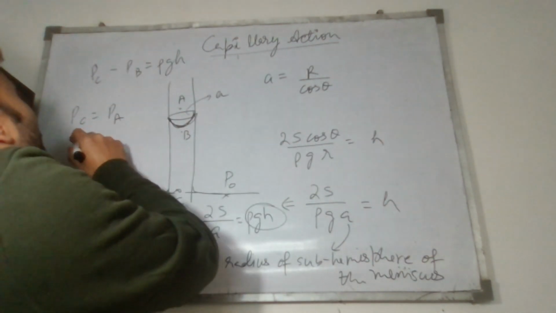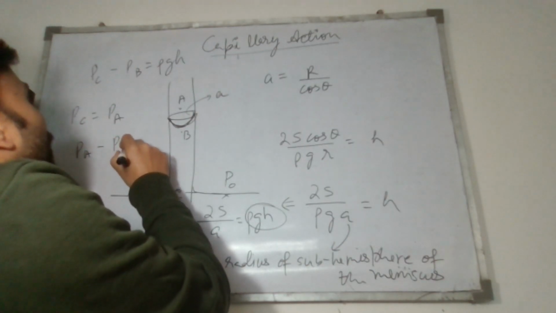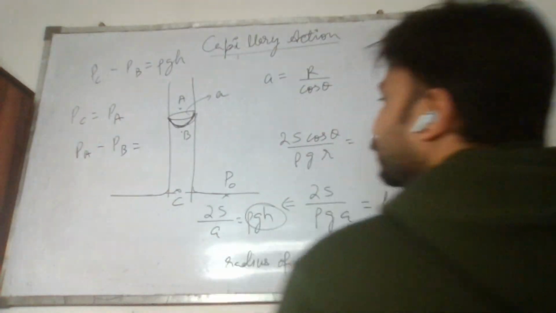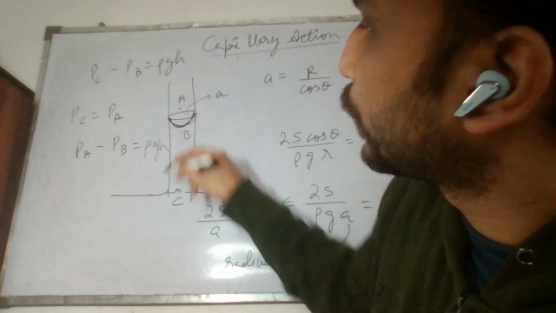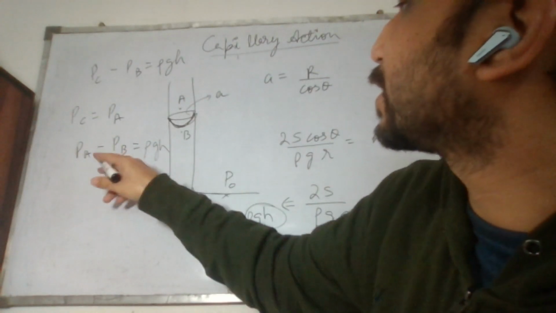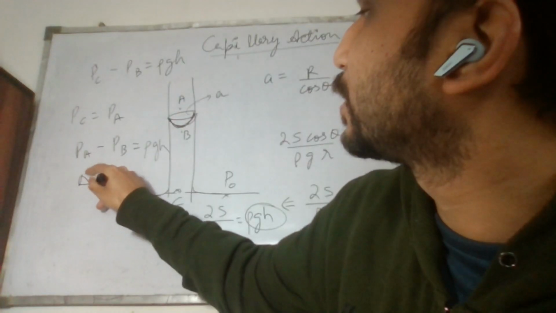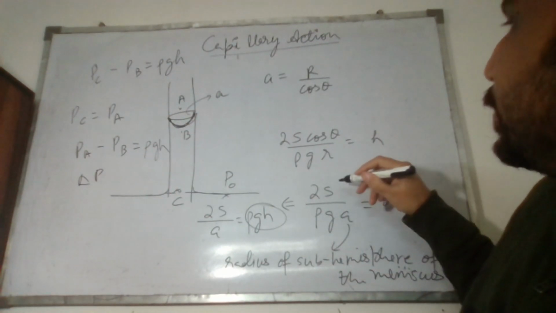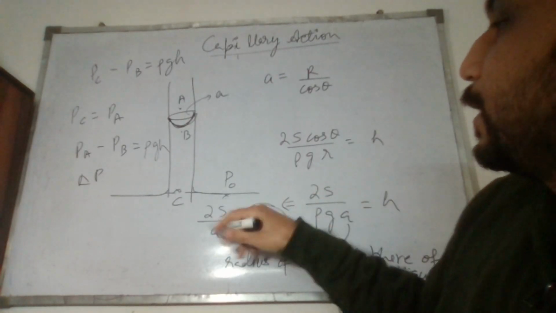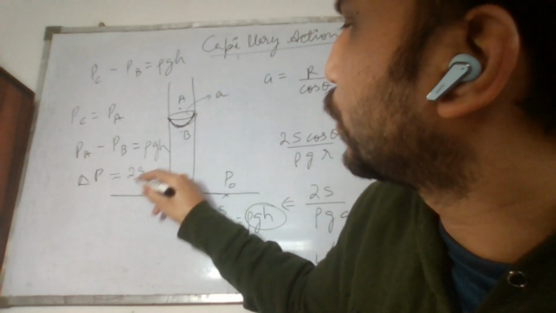So this means that PA minus PB is equal to rho g h. And this means that PB minus PA is equal to rho g h. That means the pressure difference across this kind of meniscus is basically 2S upon A.